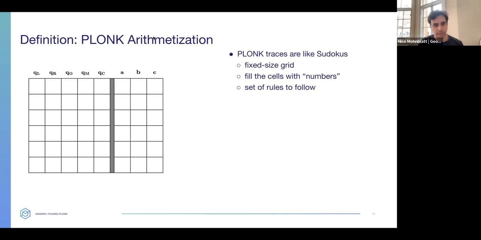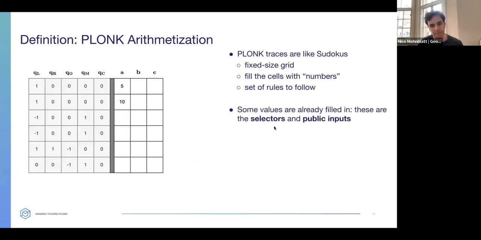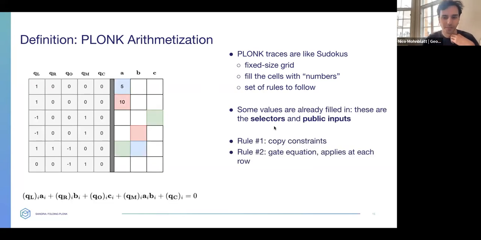Okay, PLONK arithmetization. This I'll skip pretty quickly. You have your selectors, which are fixed, and copy constraints, which are also fixed. The selectors and the copy constraints together define the circuit and the computation you're doing. You have this rule, which applies at every row.